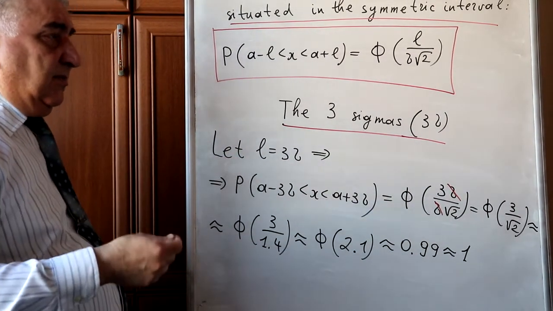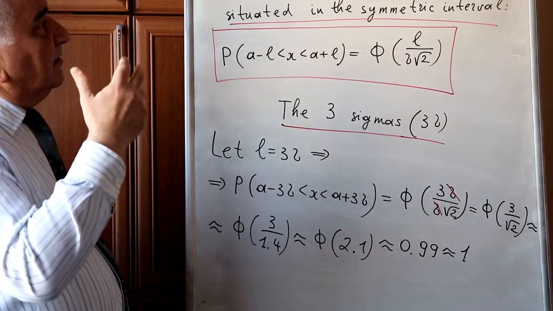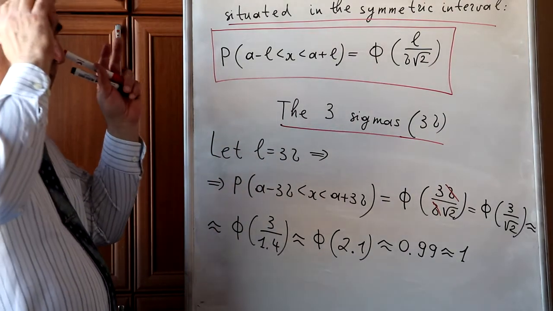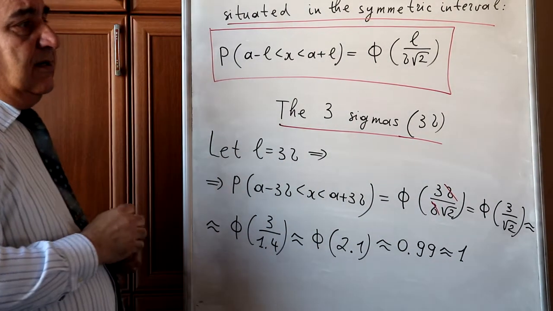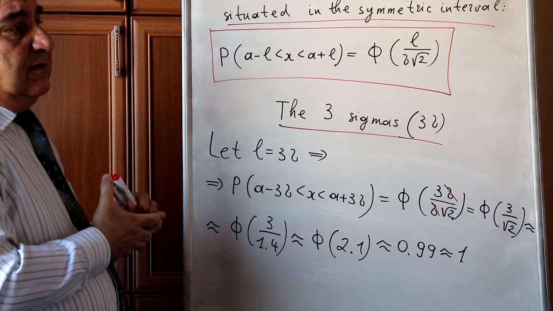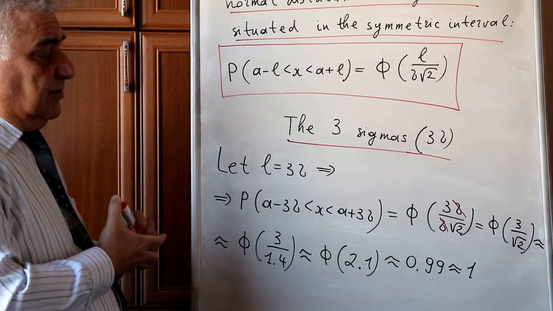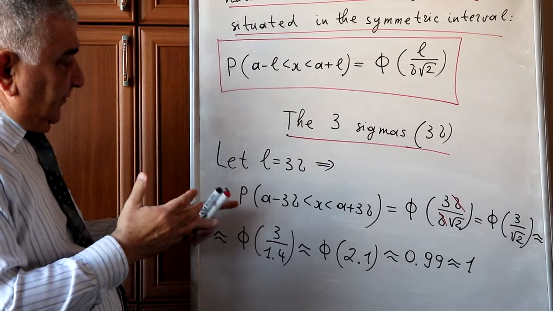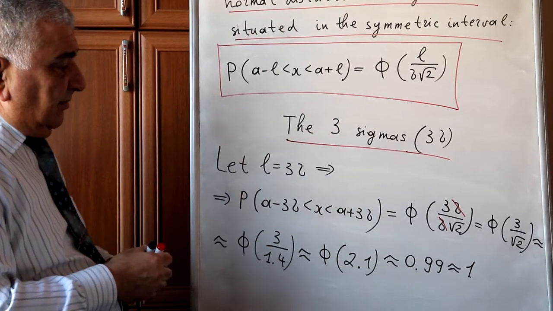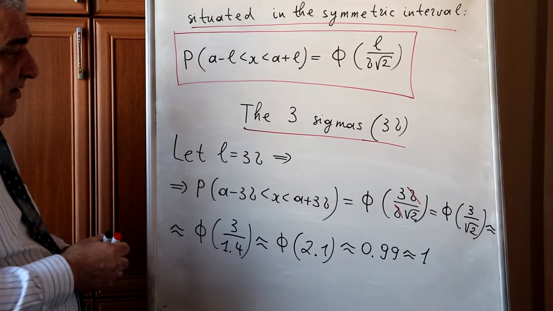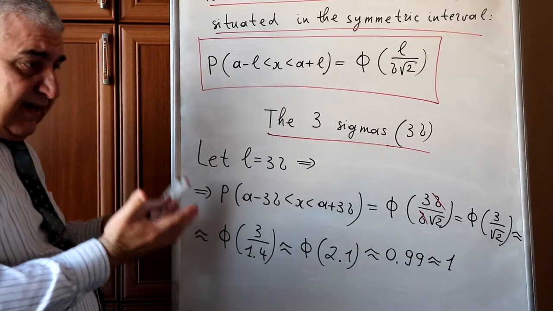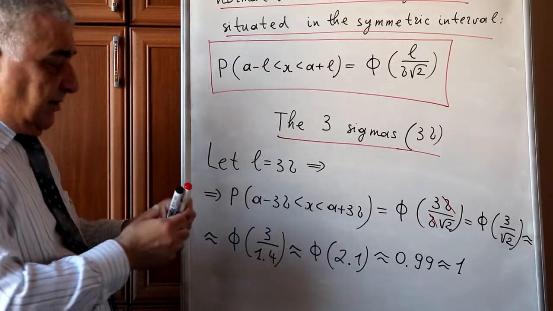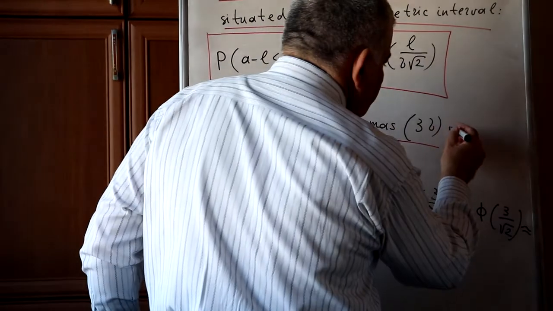It means the continuous random variable with the normal distributed density can always be situated in the interval a minus 3 sigma and a plus 3 sigma. This fact is called the 3 sigmas rule.